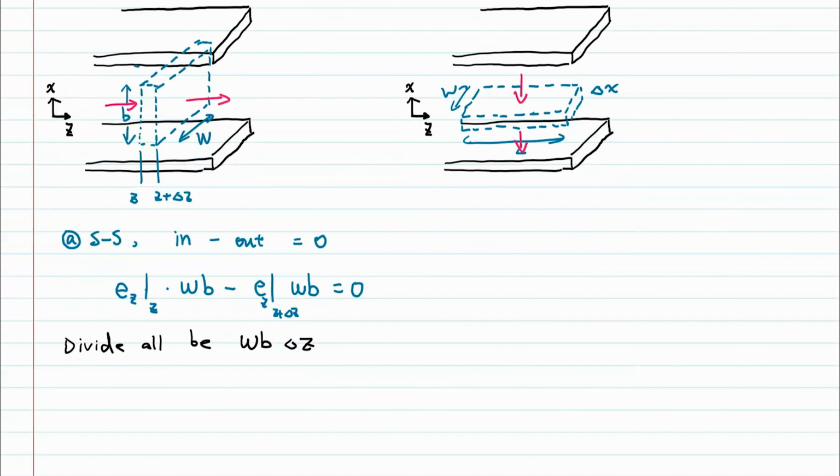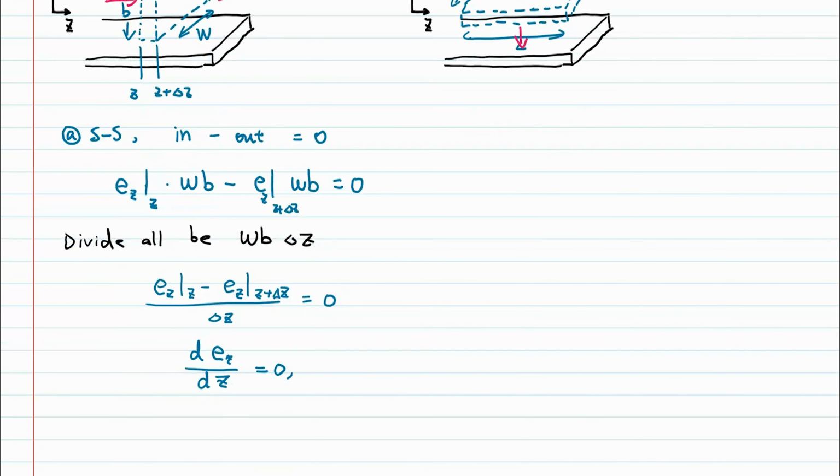You have Ez at z minus Ez at z plus delta z over delta z equals 0. So you have dEz over dz equal to 0. So you have E sub z equals a constant C1. Okay.